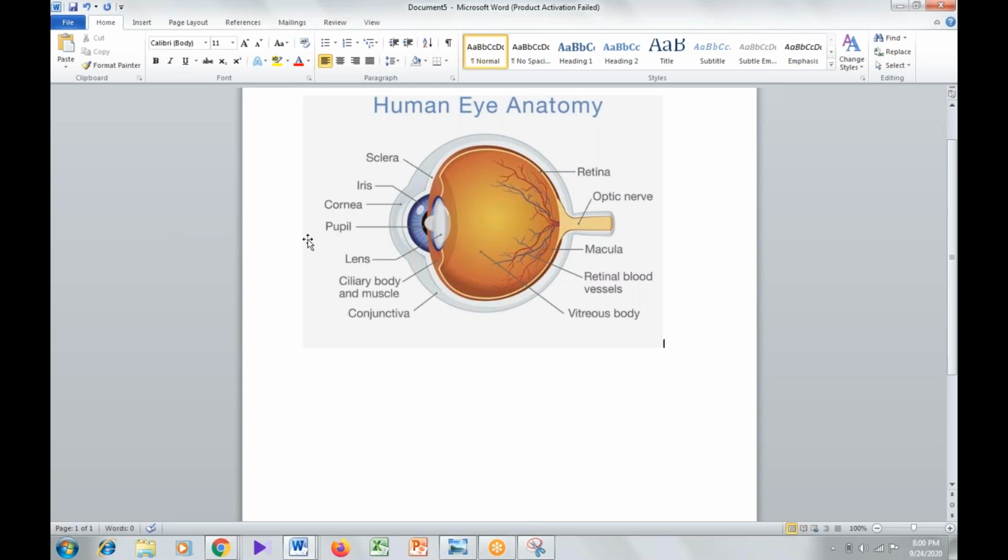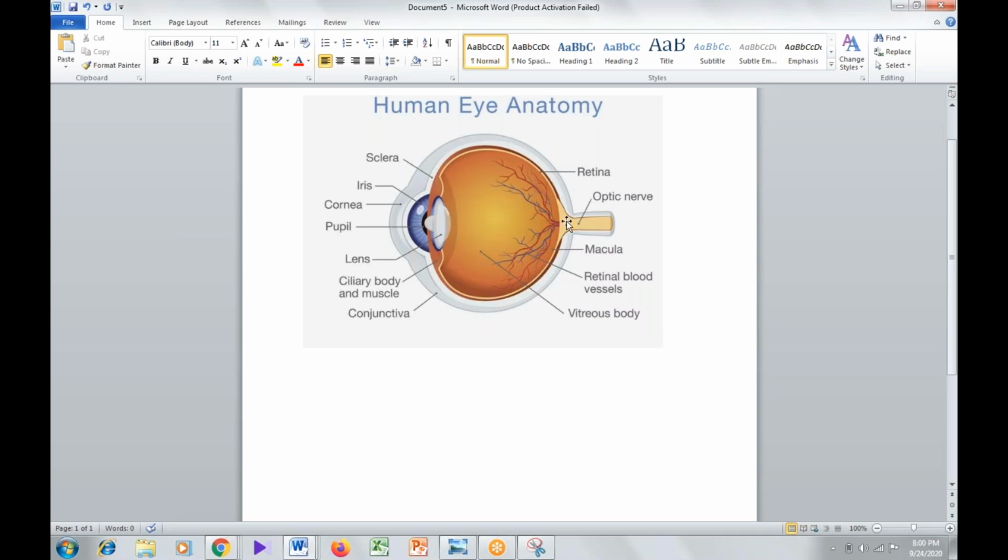So what will happen when light enters through the pupil? When you see a high intensity of light, the pupil will decrease. So that the light does not damage the retina at the backside.